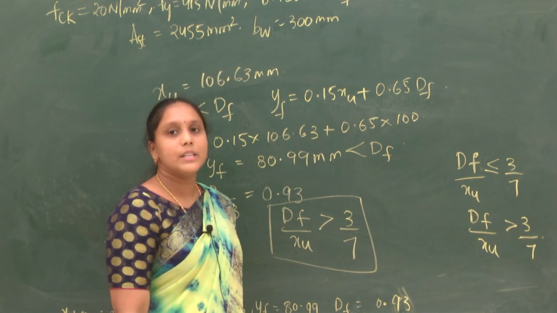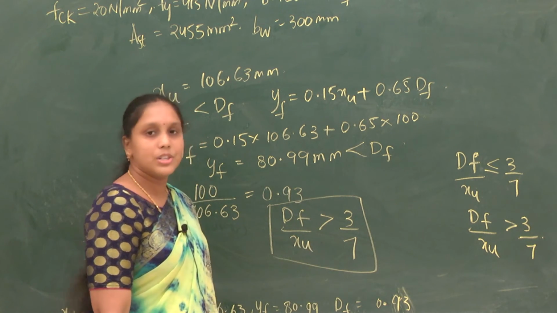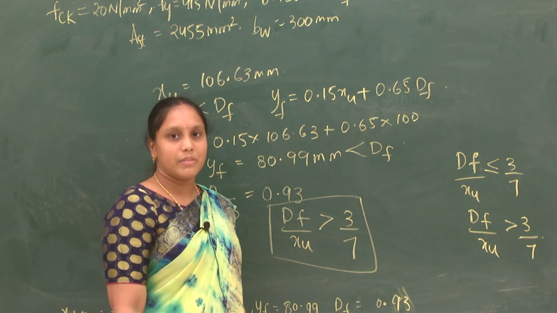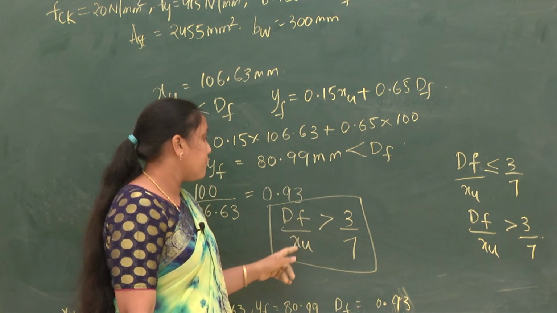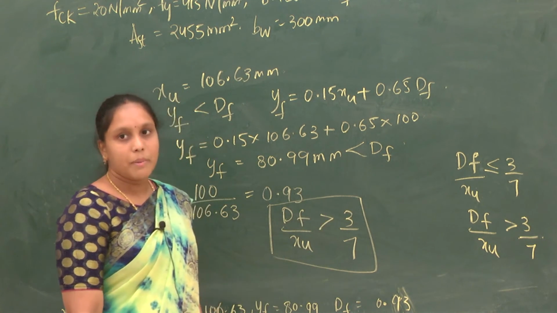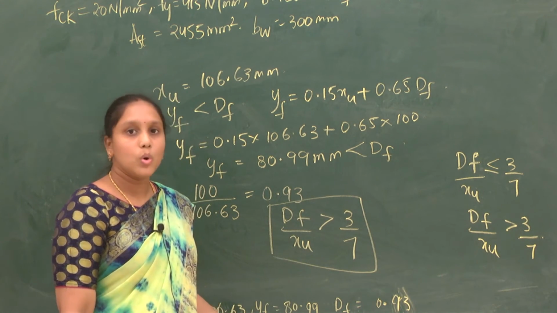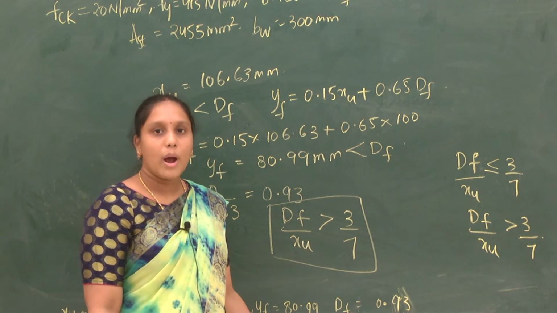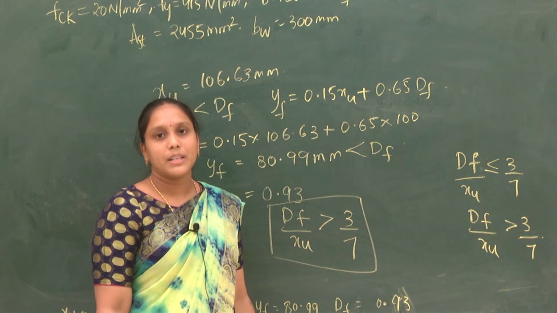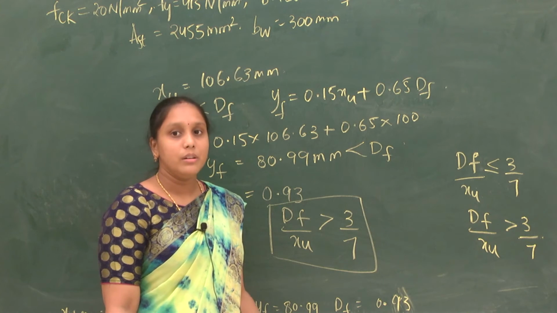How will we calculate the moment of resistance based on this condition? We have already discussed in the previous class. When df by xu is greater than 3 by 7, then in place of df we have to replace it with yf. yf is nothing but the equivalent depth of the flange.